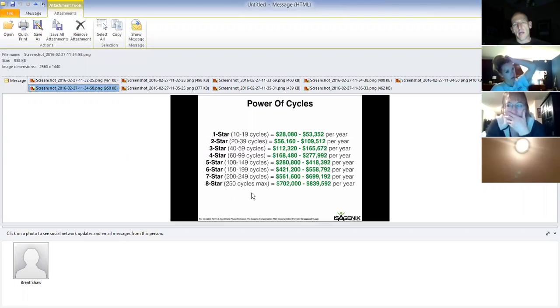As an example, Tracy and I hit 7-star Sunday, but we are not in the 7-star pools because we didn't hit 200 cycles. You have to hit 200 cycles twice in the same month in order to be in the pools.